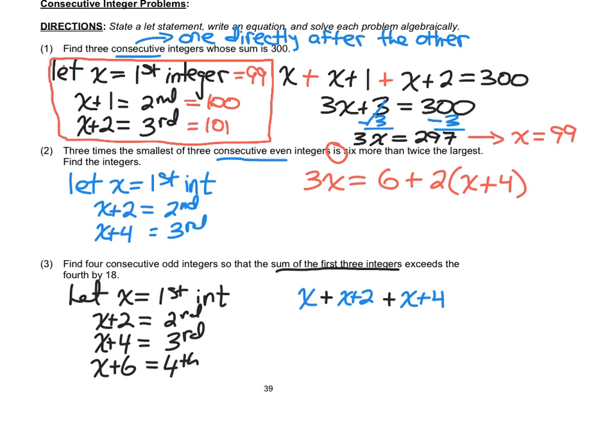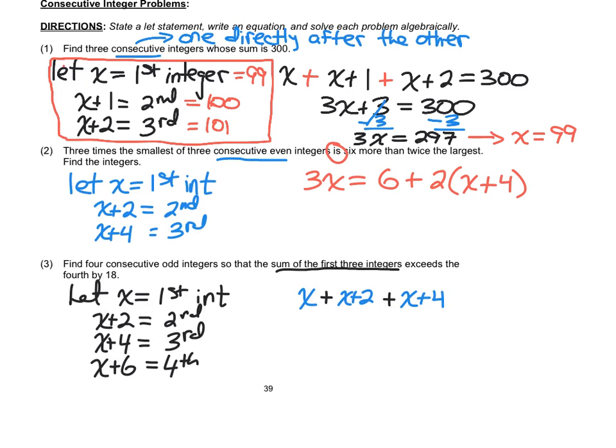exceeds the 4th by 18, which means is more than the 4th value by a total of 18. What do you think that's going to be represented as? Greater than sign? You could involve a greater than sign, but we could actually get through this just using an equation. If I tell you that my age is more than your age by 18, and I give you my age, how can we figure out your age?